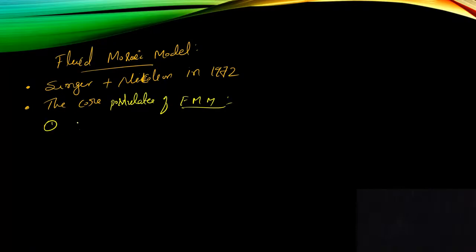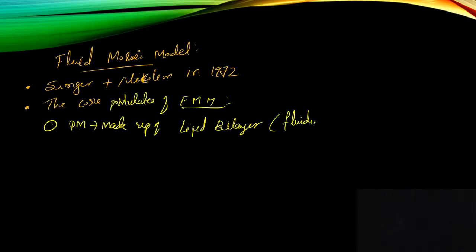The first one is, according to Singer and Nicolson, the plasma membrane is made up of a lipid bilayer, and this lipid bilayer provides fluidity to the membrane.